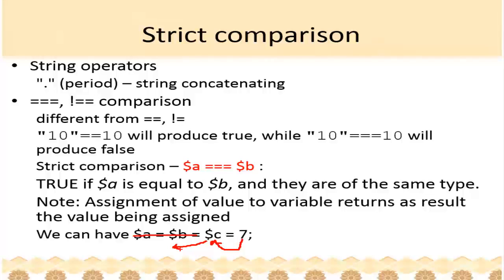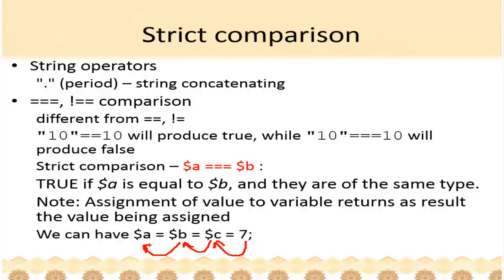Now, you can use that property for initializing more than one variable. What is being done over here is, when I assign 7 to C, it assigns it to C. Because it returns it back, I assign it back to B, and I assign it back to A. So the ultimate result is, all the variables are automatically initialized to the value 7.